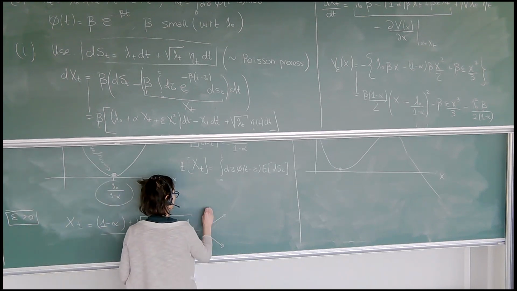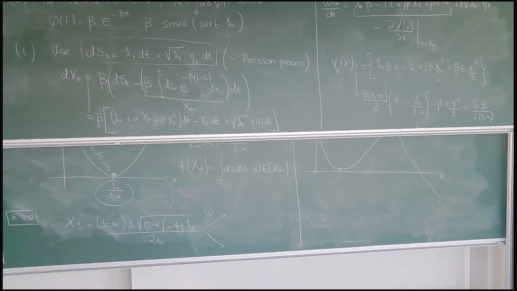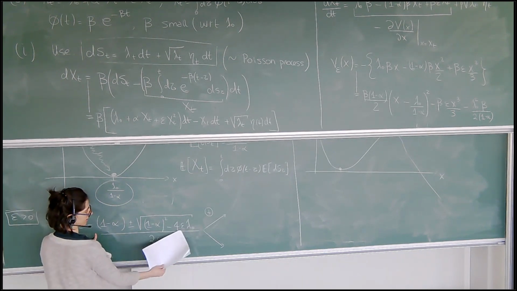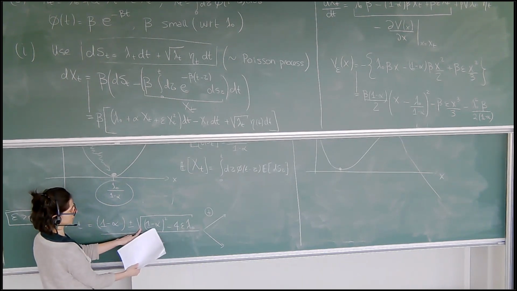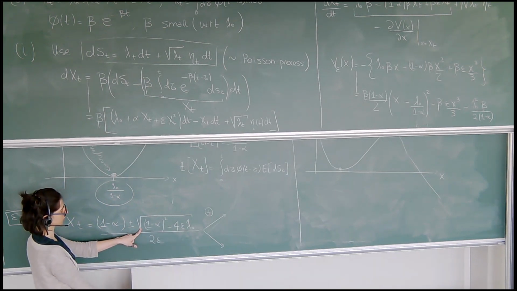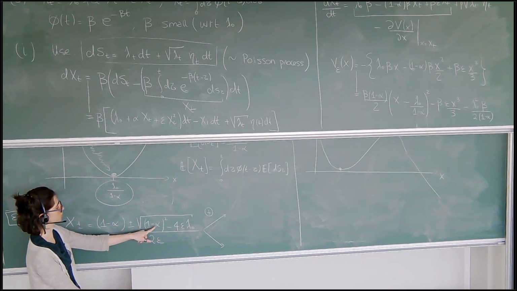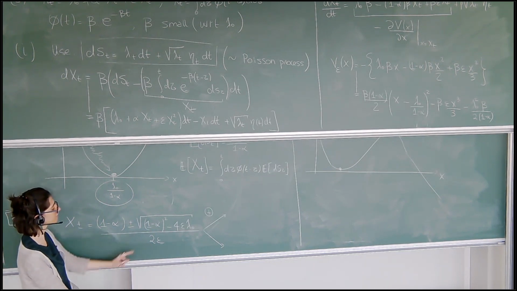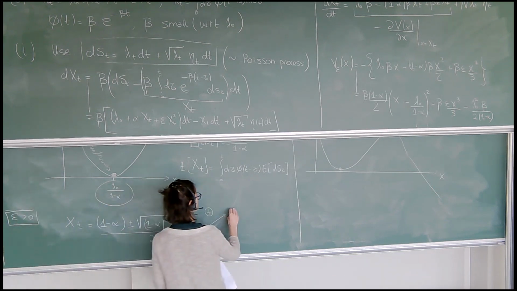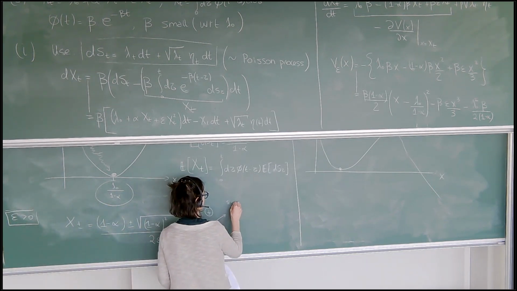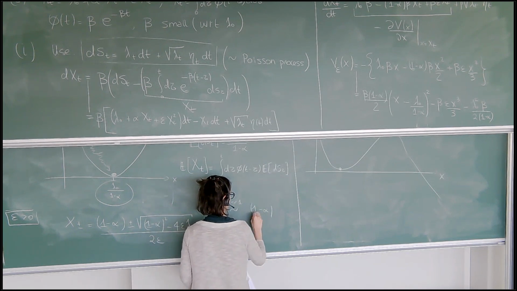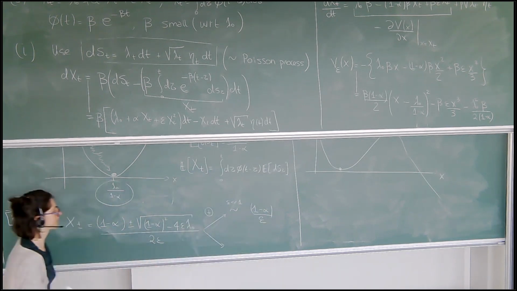If I look at the term with a plus, when epsilon is 0, I can kill this term inside the square root. I just have (1 minus alpha) to the power of 2. Its square root is positive, so it's just 1 minus alpha. I have a plus, so I have twice 1 minus alpha divided by epsilon. So when epsilon is very small, this goes like 1 minus alpha over epsilon.